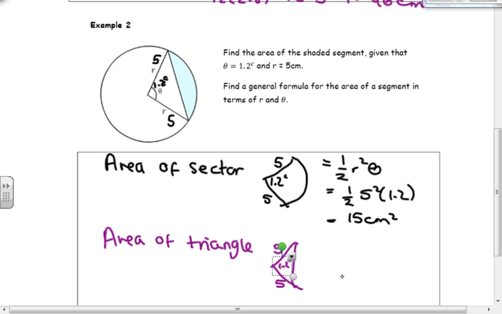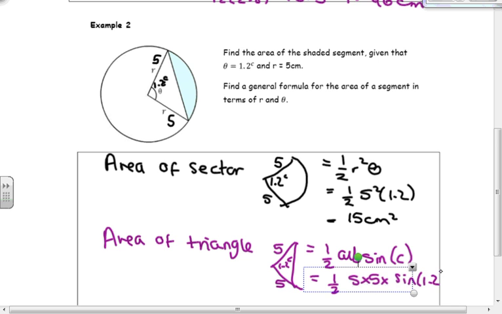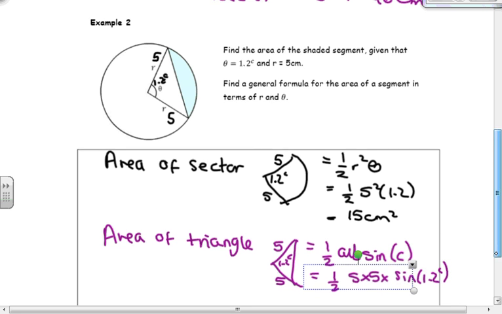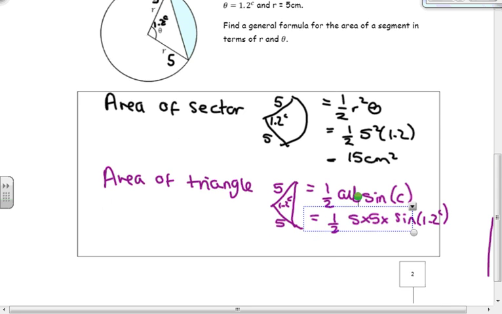So we can use what we learned in sine and cosine rule booklet and do a half AB sine C to find the area of a triangle. So that's a half of 5 times 5 times sine of 1.2 radians. And making sure your calculator is set to radians, you can type that in and you will come out with 11.65049 centimeters squared.